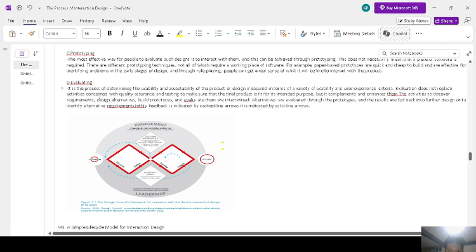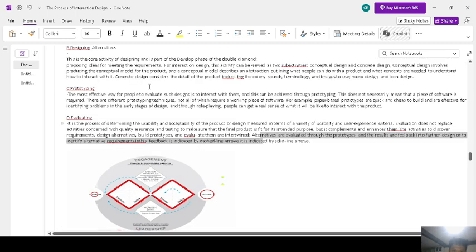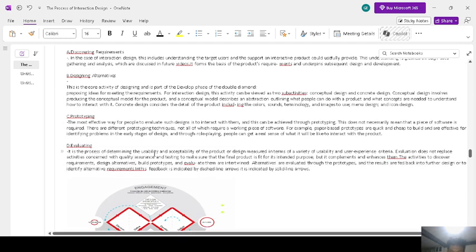Validation is quality assurance and testing to make sure that the final product is fit for its intended purpose. But it commonly involves the activities to discover requirements, design alternatives, build prototypes, and evaluate them, which are intertwined. What is evaluating?